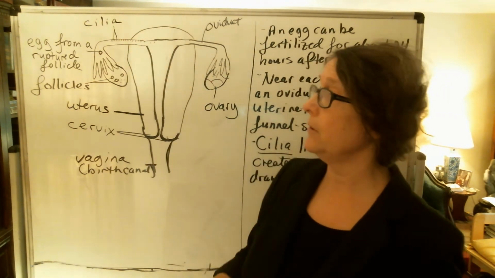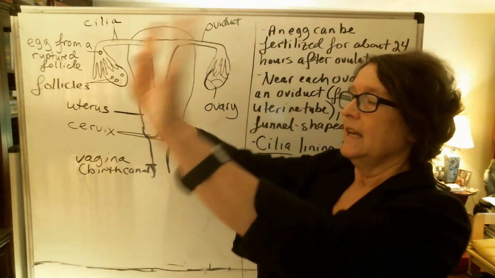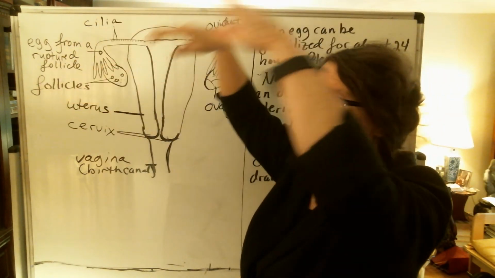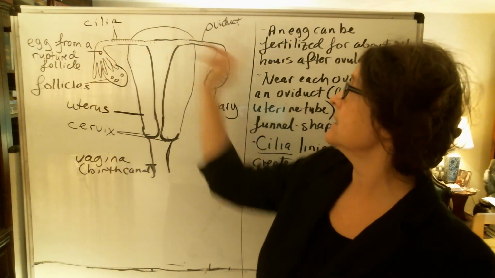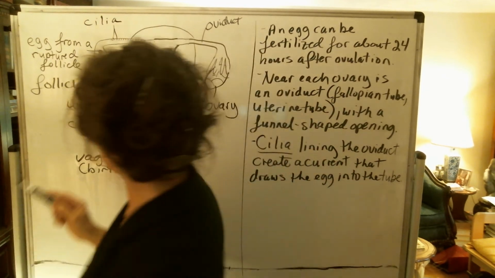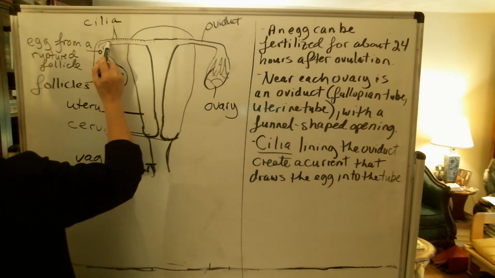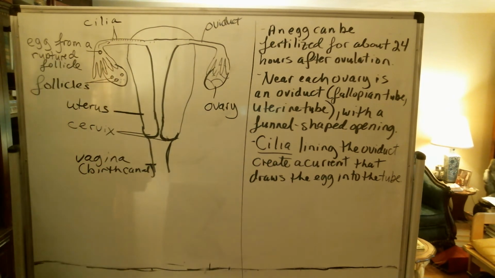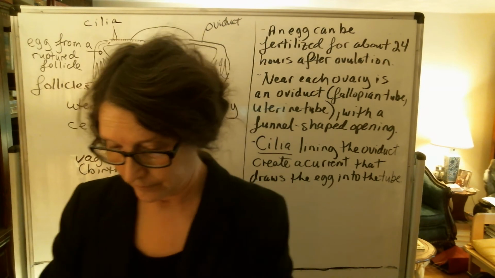They will often be found lining something, and the cilia will all work together doing a wave like this, and in this case they create a current, and they essentially vacuum the egg into the oviduct just by creating this current.